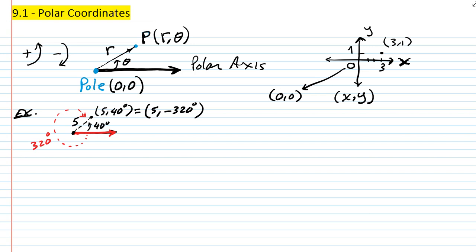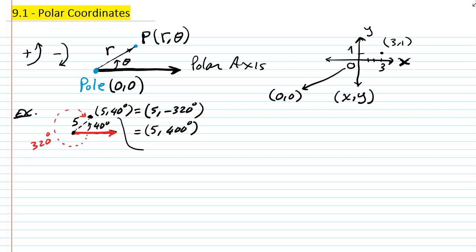And that's not the only way I can write the representation of the point. Consider subsequent rotations around the circle. Each 2 pi will generate a circle here, right? So for example, I can go one rotation, I can go another rotation. So multiple rotations will also be correct as coordinates of a point. So if I go, for example, 360 plus 40 degrees, I'm going to get 400 degrees.